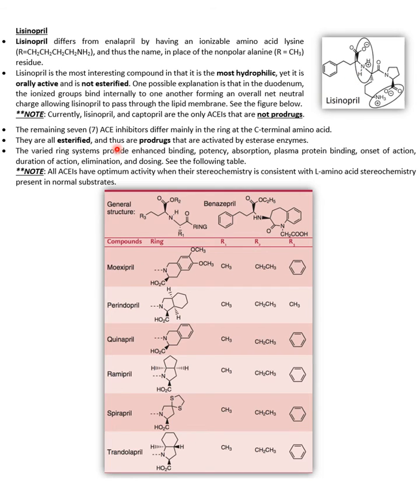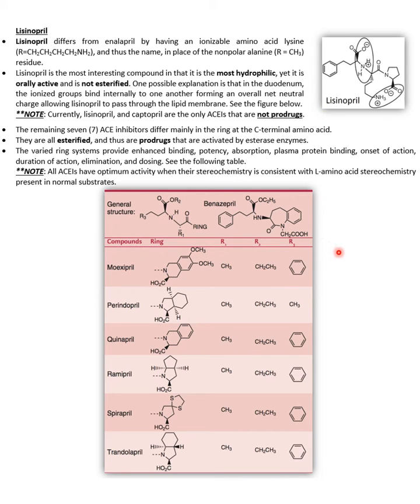Okay. The rest of the dicarboxylate ACE inhibitors, these seven, all of them have to be esterified. All of them are designed as prodrugs to help their absorption. There are a few differences among them as far as potency, absorption, and so forth. Currently, the only ACE inhibitors that are not prodrugs are captopril, because it's not ionized and does not have any problem crossing the gut wall, and of course the other one is the cerebral.